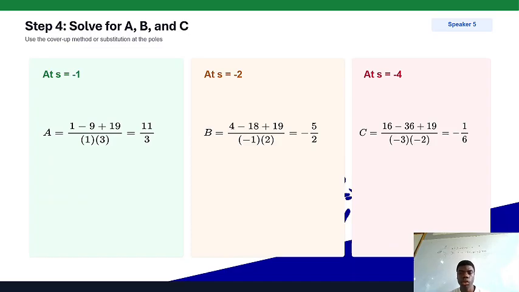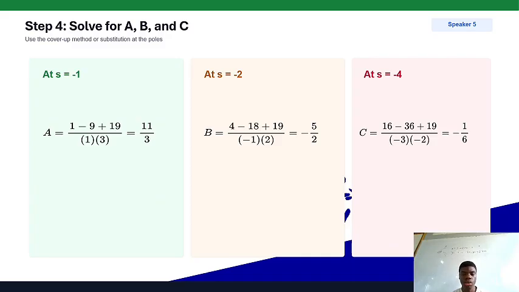In the cover-up method, we substitute values of S into the equation. To find A, we put S equal to minus 1 into the equation, and this gives 11 over 3 for A. To find B, we put S equal to negative 2 into the equation, and this yields B equal to negative 5 over 2.